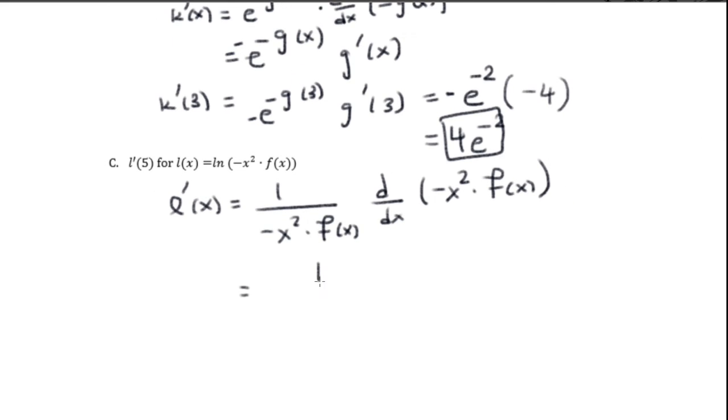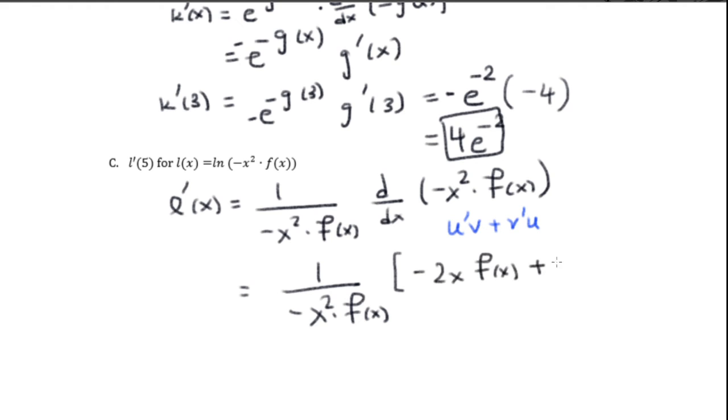Okay, so that would just be 1 over negative x squared times f of x. And here for the derivative of negative x squared times f of x, I have to use the product rule. So that'll just be u prime v plus v prime u. Okay, the derivative of u, the first one, is negative 2x times the second, plus the derivative of the second, which is f prime, times the first, negative x squared.